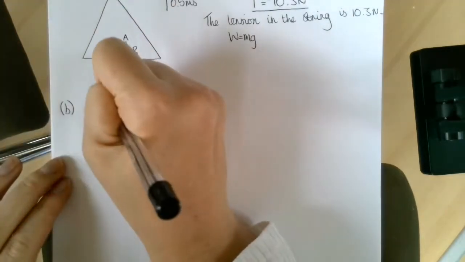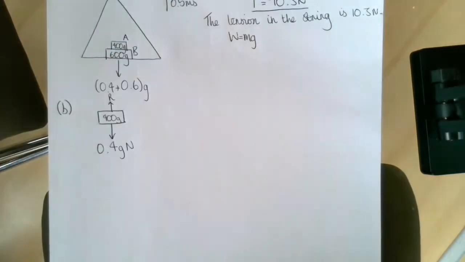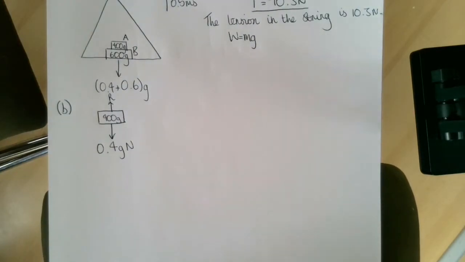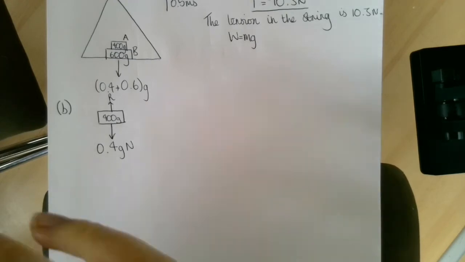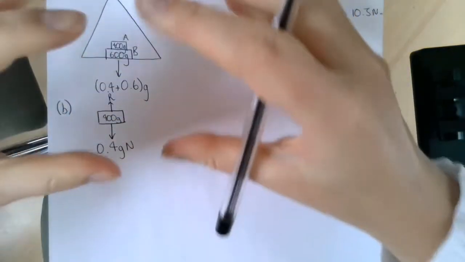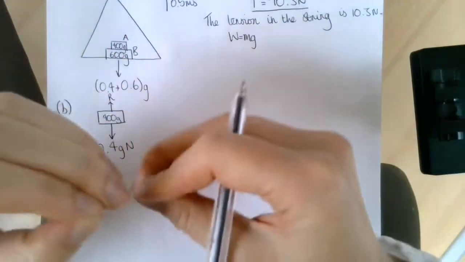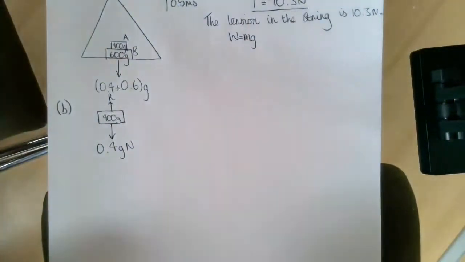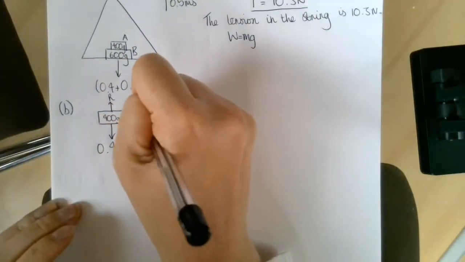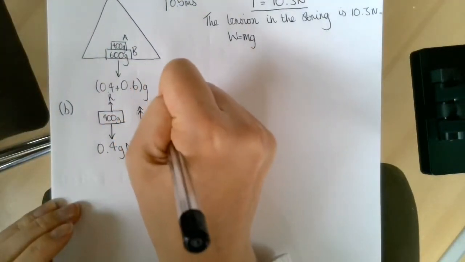We've got the normal contact force R. So the force exerted on B by mass A is that normal contact force that A has, because the normal contact force of A will be exerted onto B because A is on top of B. And we've got our acceleration is 0.5.